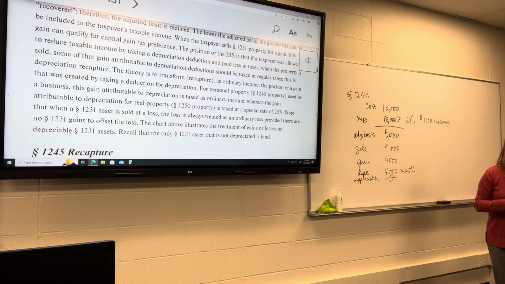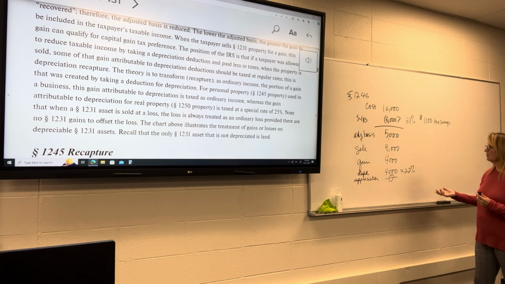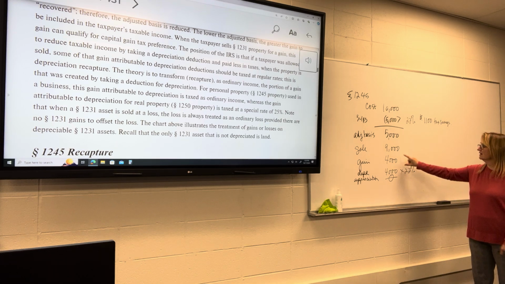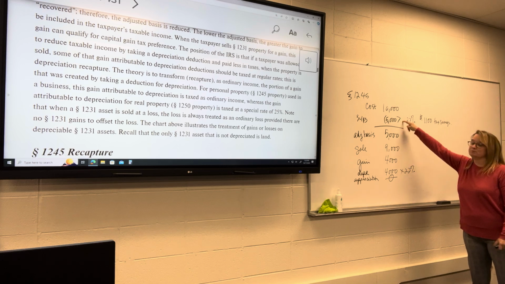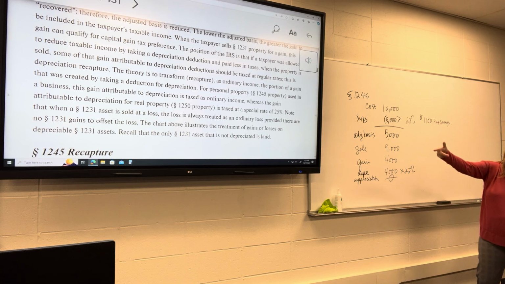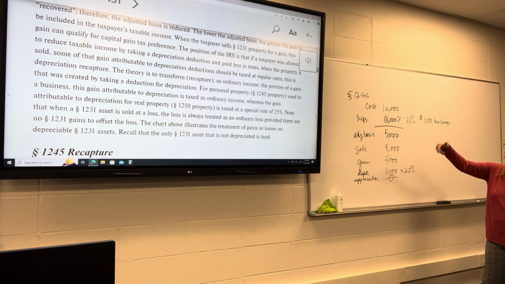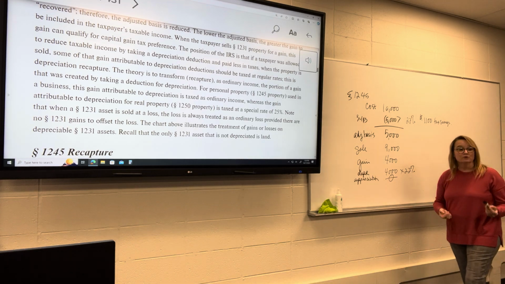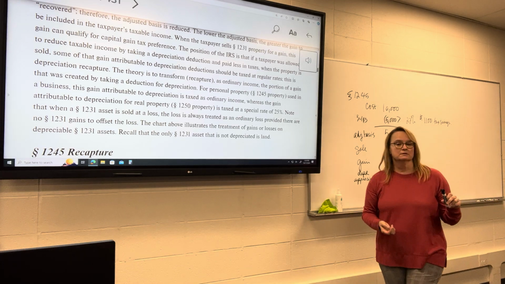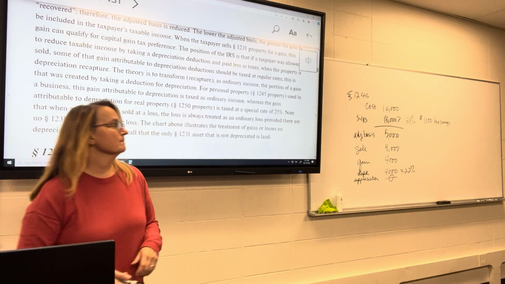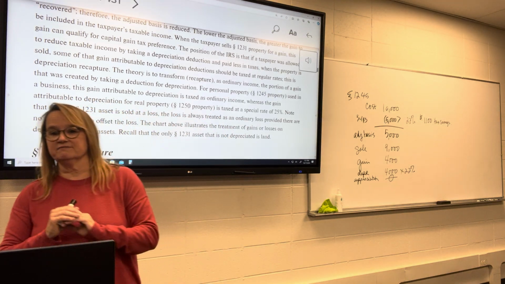It's a lot easier to figure out than it seems, because essentially all you have to do is figure out the gain, and whatever portion of that gain, compare it to the depreciation that you took. That's going to be the amount of the 1245 recapture for equipment. 1250 property, which is real estate, works the same way, except it's a flat tax rate.